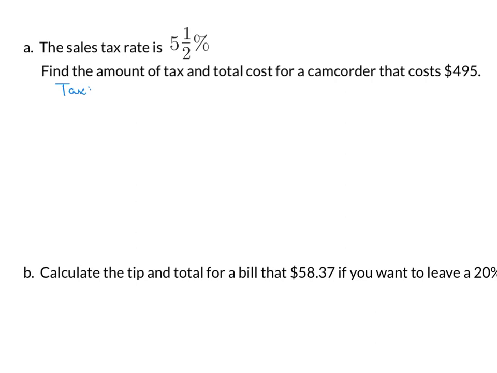To set up my proportion, I'm going to put my percent, 5.5 over 100, equals, since we are looking for the tax, it is going to be on the same level as the 5.5. My total cost for a camcorder is $495. That will go on the bottom.